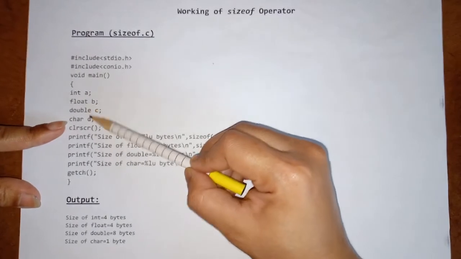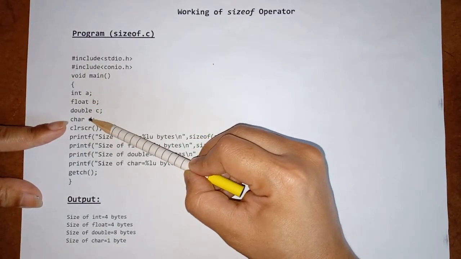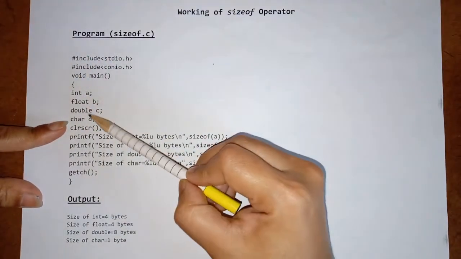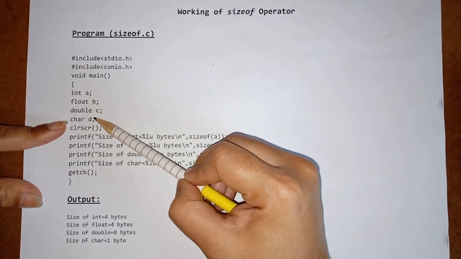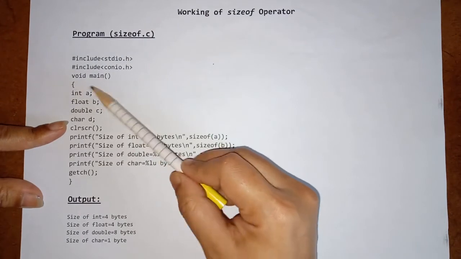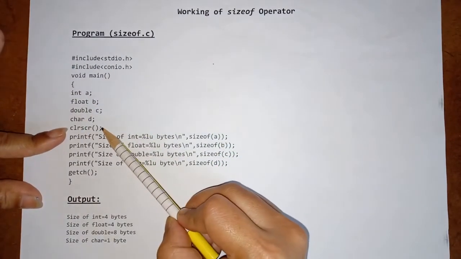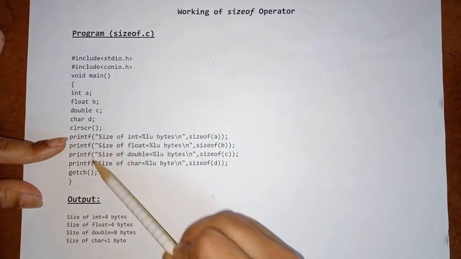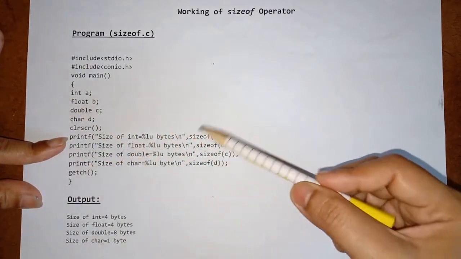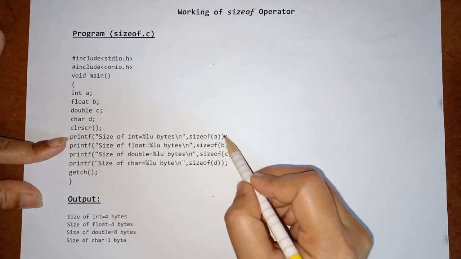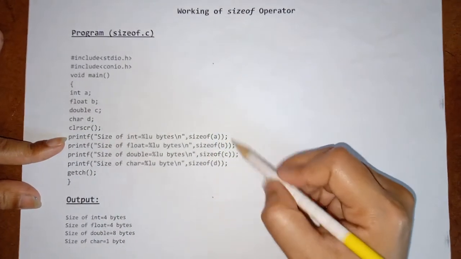We declared 4 variables with different data types because we want to find the size of all these variables. Then clear screen. After that we have the printf statement, which is used to print the output, and in it we are going to find the size of the variables.